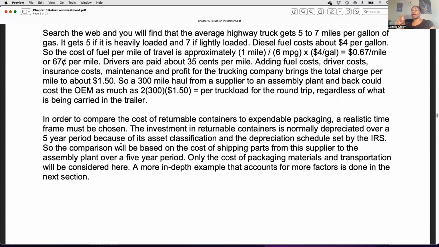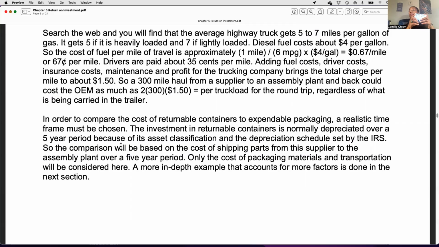We want to look at the time period that the program will last. How long will these containers be shipping? For this one, it says they're normally depreciated over 5 years, because that's what the IRS says. Is 5 years reasonable to use?